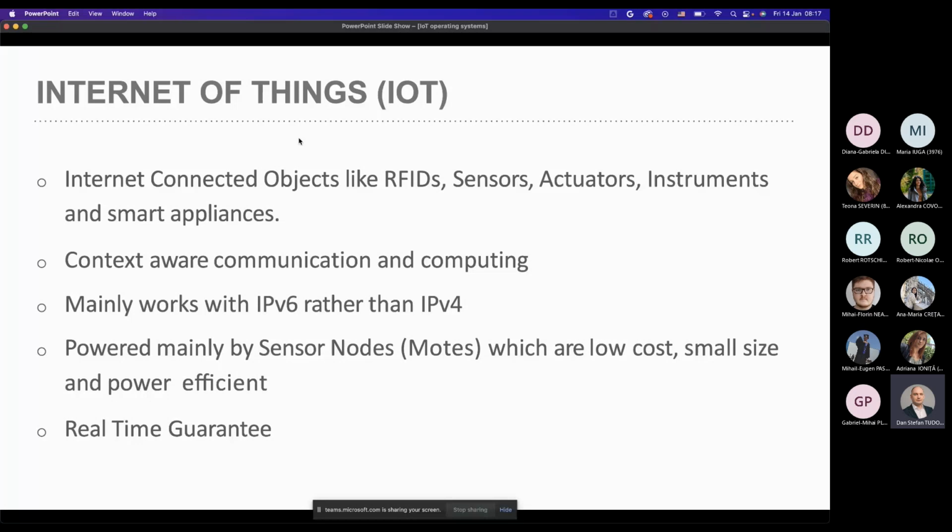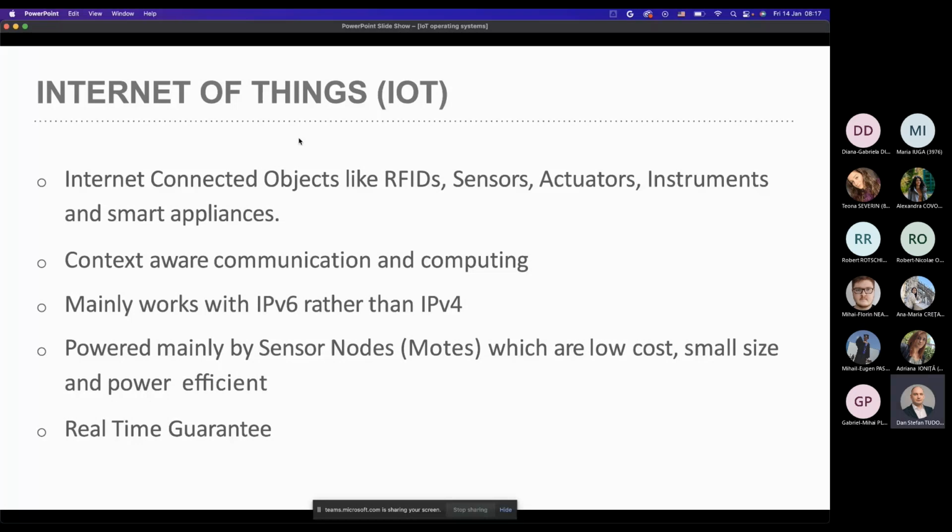So you will have these devices that do communication between them. They establish a network. It might be an ad hoc network, multi-hop, or it might be a single hop network towards a base or a collector. And then they do some local computing or computing done in the cloud.